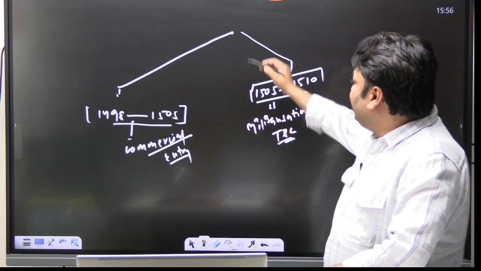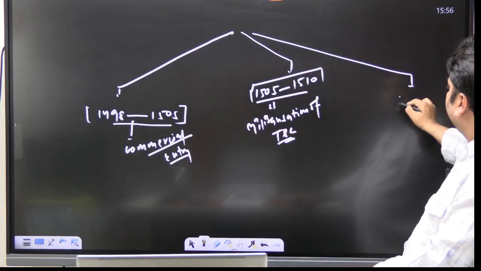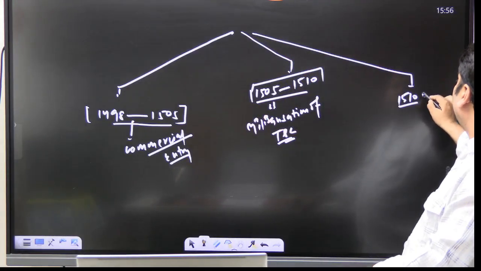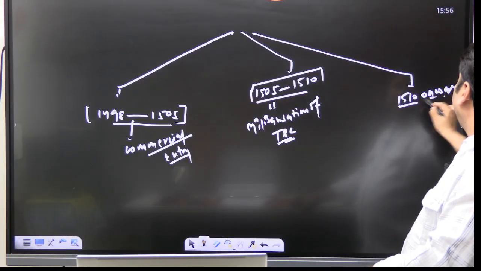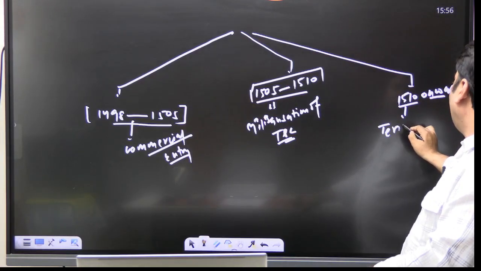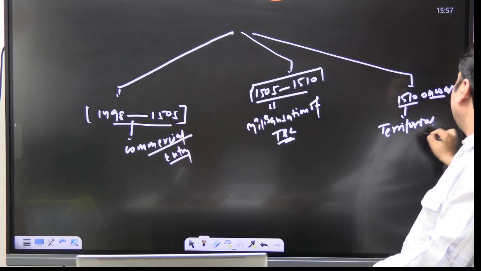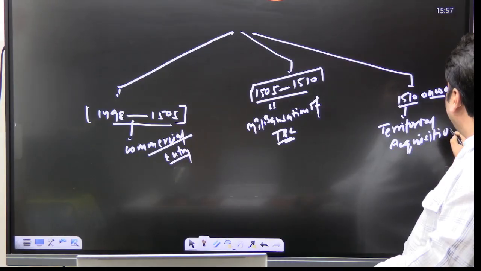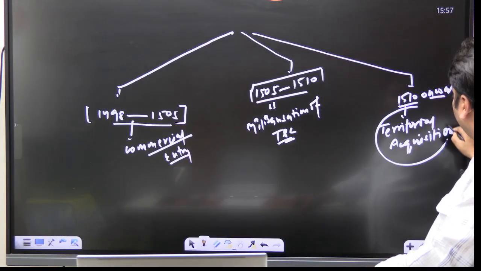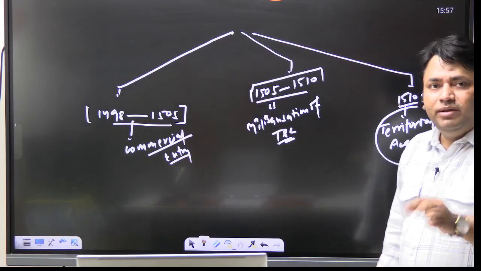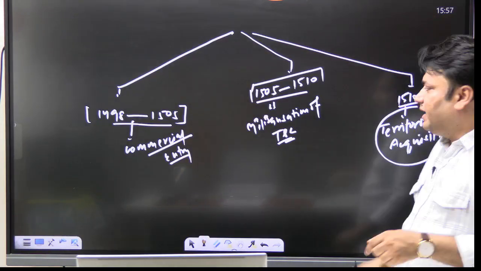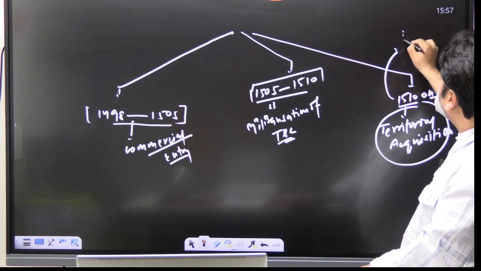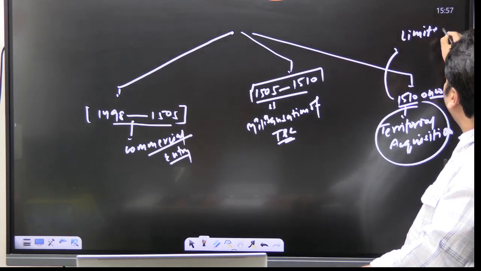And from 1510 onwards, we see their focus is on territorial acquisitions. But here an important point that I have already discussed with you, that whenever they focus on territorial acquisitions, this effort is very limited.